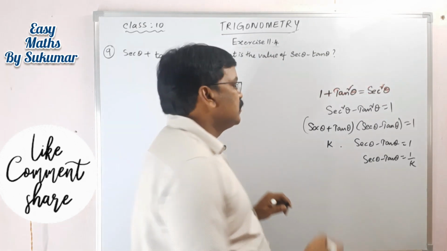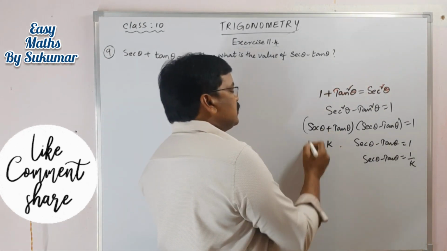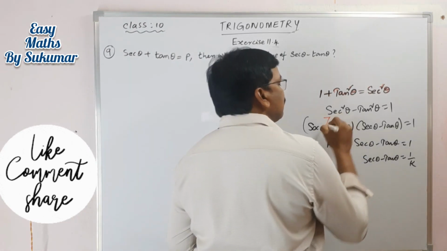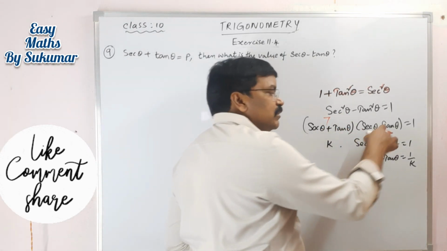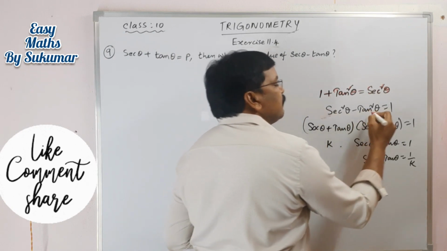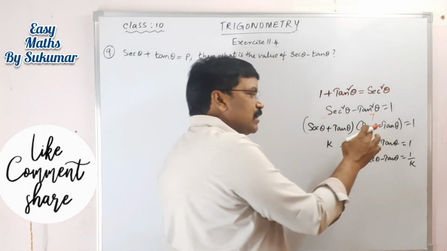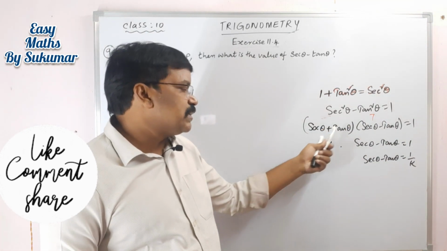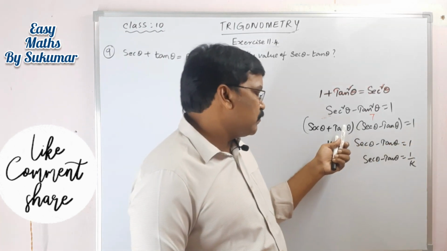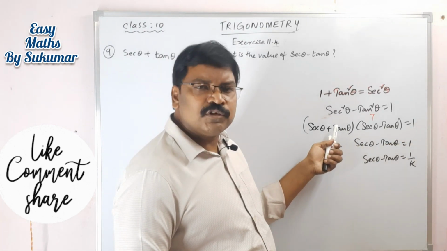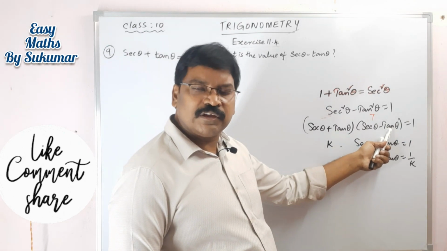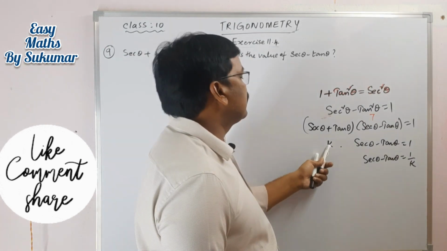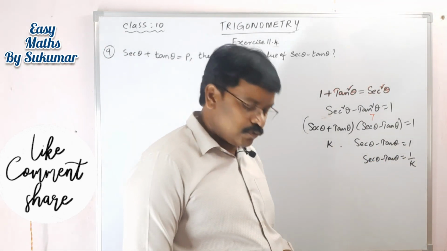Similarly, if this value is 7, then secant theta minus tan theta is 1 by 7, and if the other is 7, then secant theta plus tan theta is 1 by 7. The reason is that this product is 1. So whatever value is given, we can find the second term or the first term. If it is k, then secant theta minus tan theta is 1 by k.